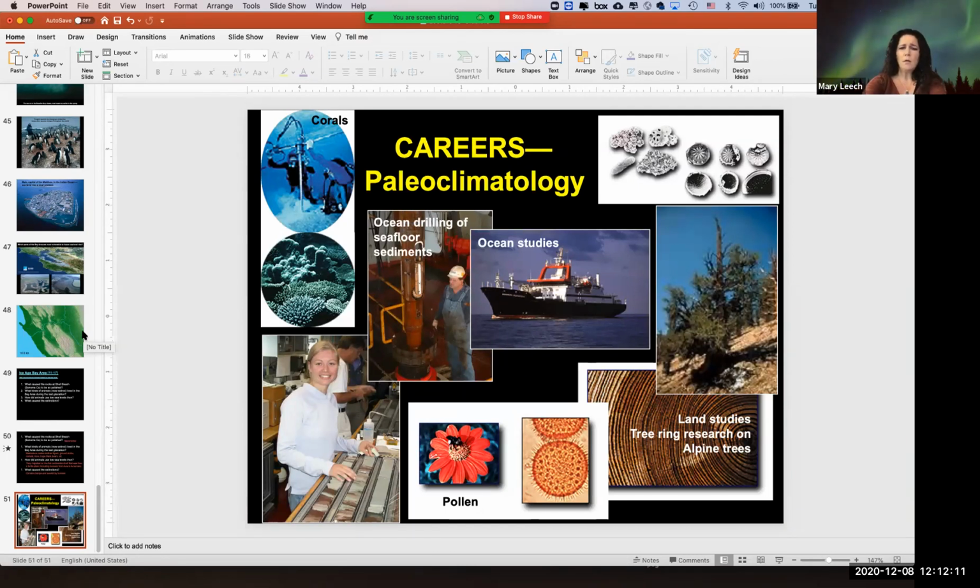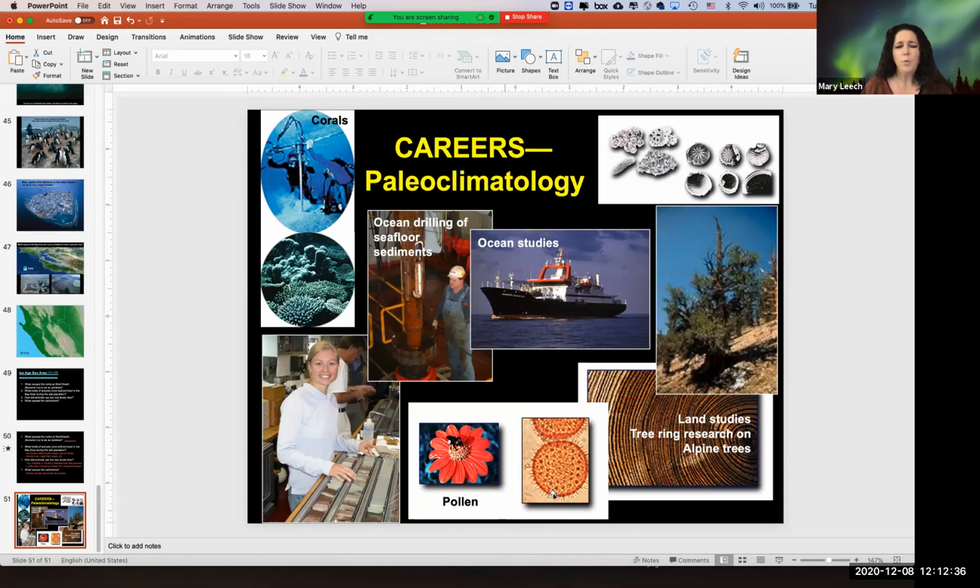I talked about being able to study paleoclimate. I talked about going on these ocean cruises, doing the seafloor drilling. You don't do it, that guy does it. But you would stand in the lab and slice the core apart, and study and document what you see in the core.